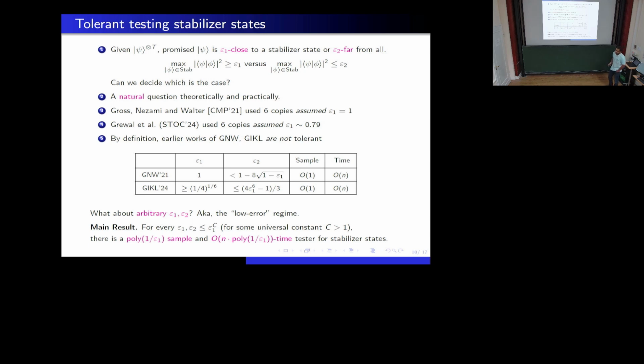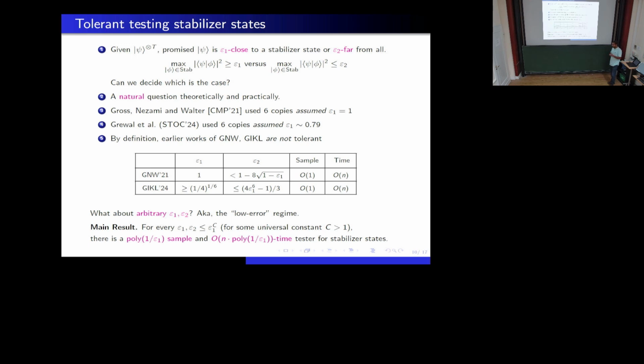Could you speak about the intuition for why tolerant testing should be harder than normal testing? The point is, when you're given copies of an unknown state, at least if you look at Gross, Nezami, and Walter, when you do this BLR-type analysis, when you look at the summation of p psi hat of S to the fourth, when I know it's a stabilizer state, I exactly know what the quantity is.